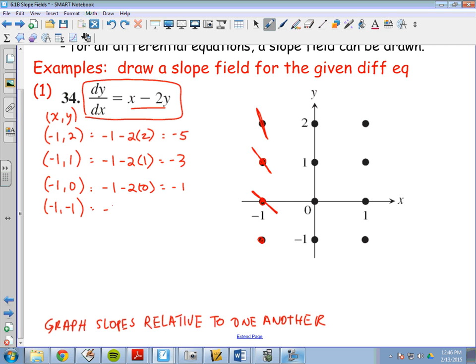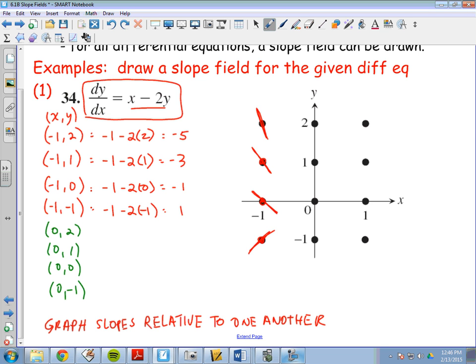Lastly, I've got (-1, -1). So -1 minus 2 times -1 is -1 plus 2, which is +1. A +1 slope should look something like that. Now I did that for where x was -1. I'm going to do the same thing where x is 0: the points (0, 2), (0, 1), (0, 0), and (0, -1).